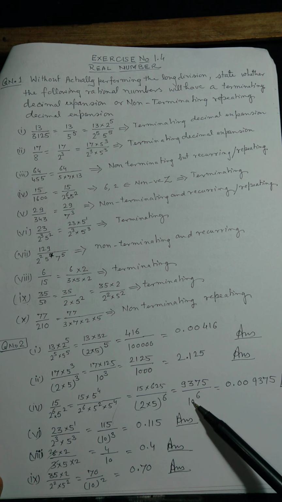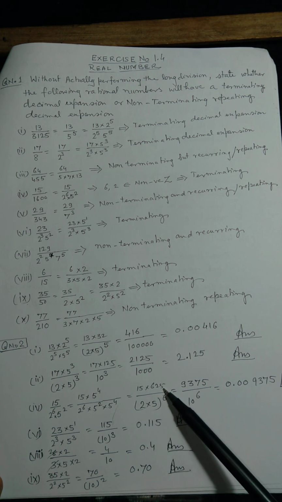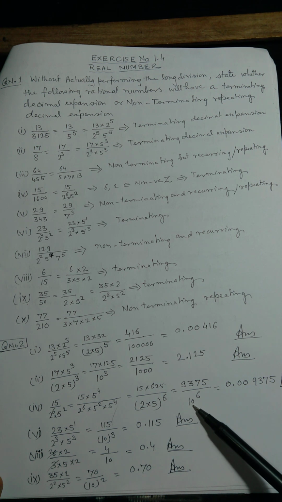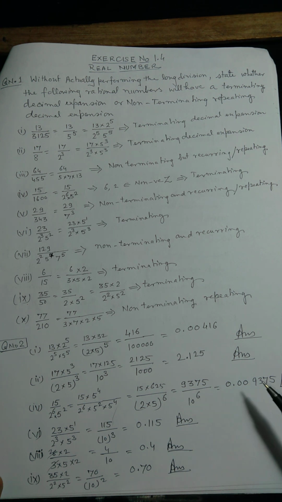So 10 raised to power 6. Multiplied the numerator part, you will get 9375 divided by 10 raised to power 6. So you see, from the right hand side we will proceed to the left side, count 6 digits, 1, 2, 3, 4, 5, 6, put the decimal here and this will be the answer.